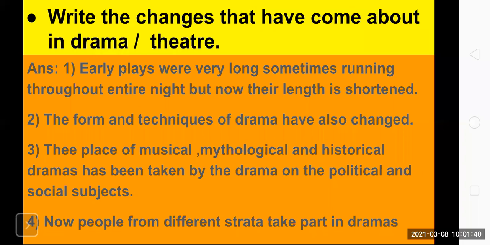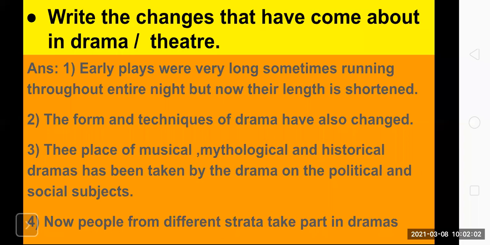Before or around independence, the plays were very long, running throughout the night, but now this is shortened to 1.5 to 3 hours. Now the form and techniques of drama have also changed.